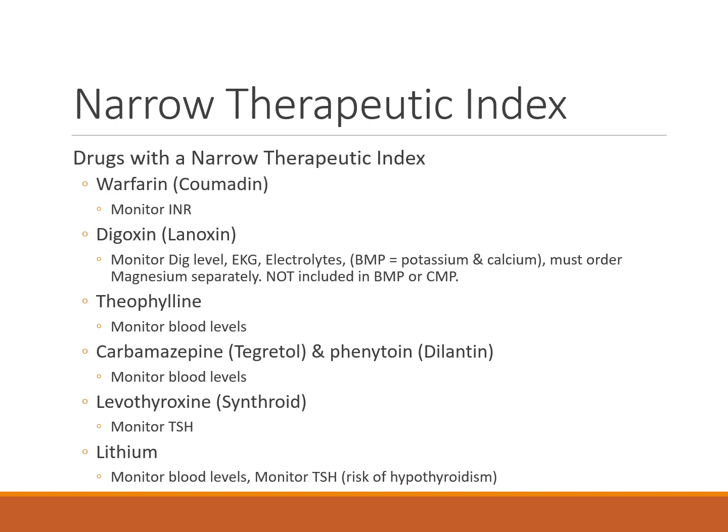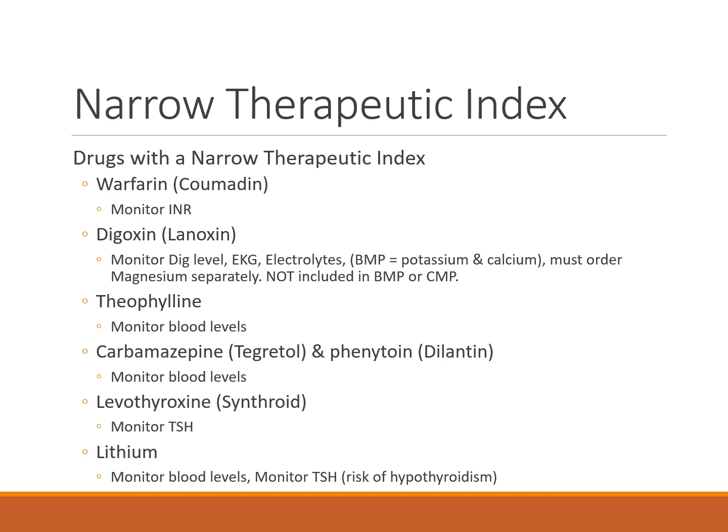Now, I noticed that a lot of people that come into the program don't really understand labs very well. So if you're one of those that don't understand the difference between a BMP or a CMP, a BMP is a basic metabolic panel. It's going to basically give you your electrolytes and your kidney function. That's it. And your electrolytes are limited. It does not give you a magnesium or a phosphorus or anything like that.